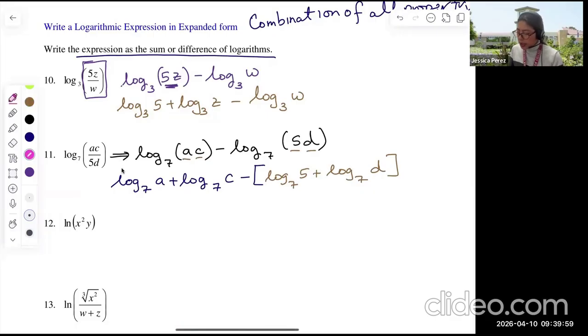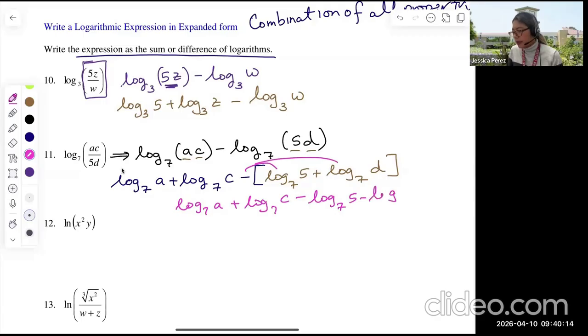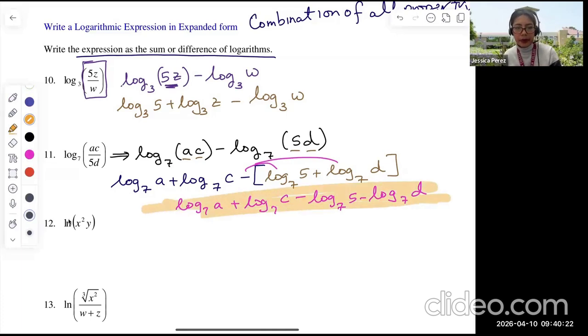But that has a subtraction in there, so I have to rewrite it as log base 7 of A plus log base 7 of C minus, if I distribute this negative, log base 7 of 5 minus log base 7 of D, where this becomes my final answer when I distribute that negative.